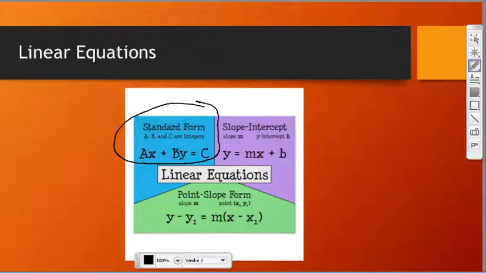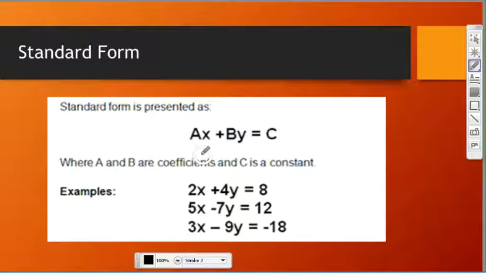When we look at an equation in standard form, we have the x term and the y term on the left side of the equation. And we have the term that's just a constant, so that means the term that's just a number, on the right side.